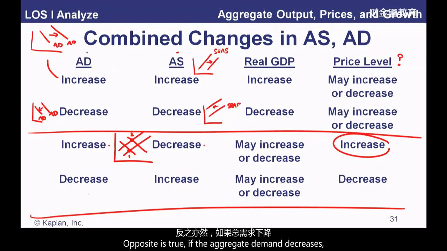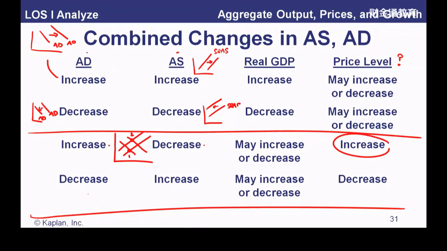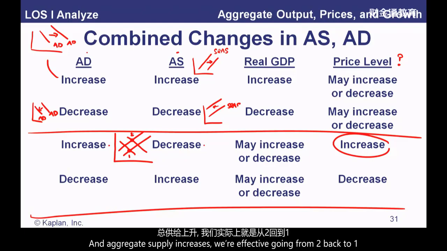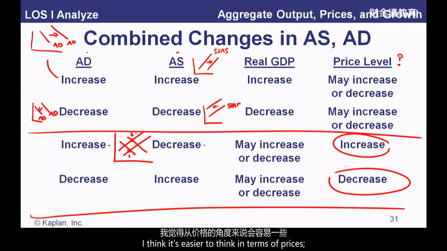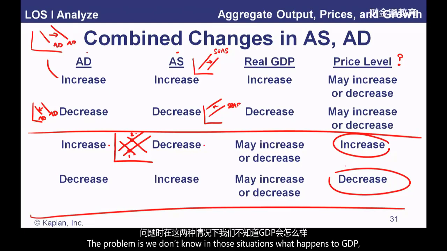Opposite is true if the aggregate demand curve decreases and aggregate supply increases. We're effectively going from 2 back to 1. The price level drops. I just think it's easiest to think in terms of prices. I think that's a good jumping in point. The problem is we don't know in those situations what happens to GDP.